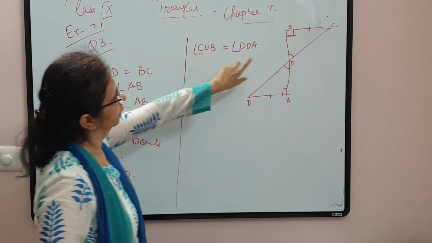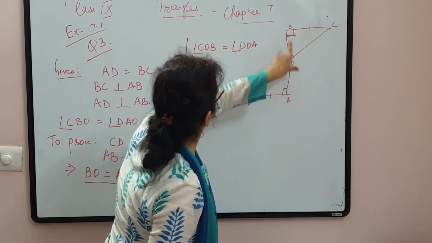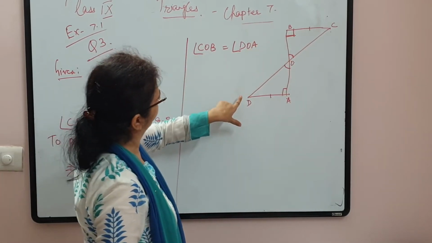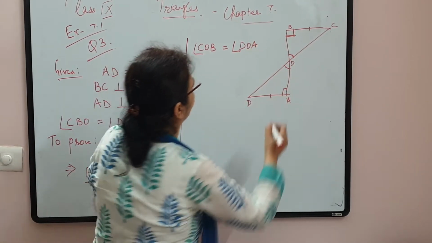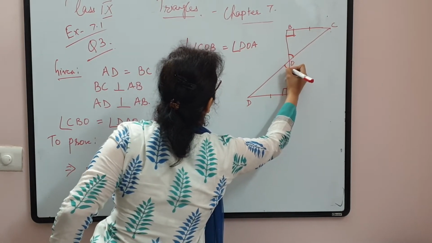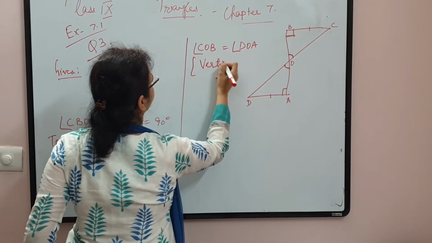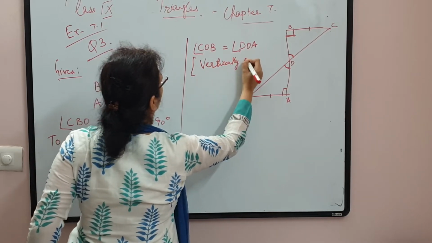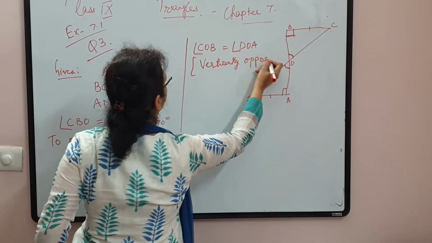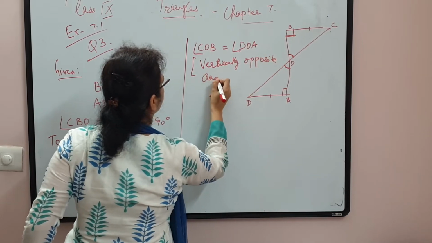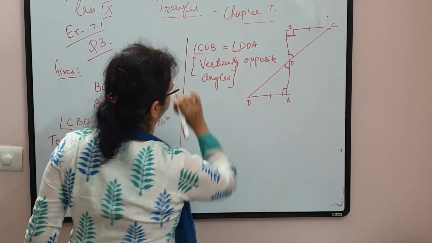Can you see, children? Angle COB is equal to angle DOA. That is, this angle is equal to this angle. Why? Because they are vertically opposite angles. So they are equal.